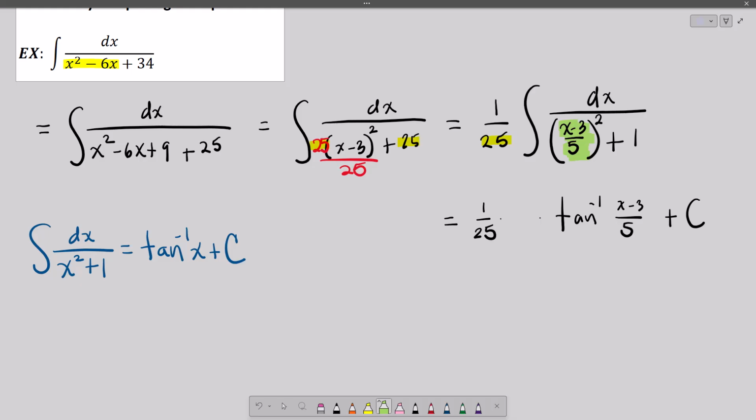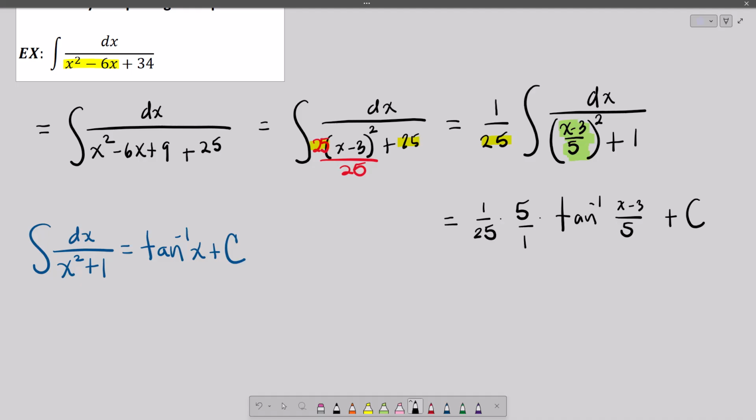And if you want, an easy way to think about why that is, you have x divided by 3 over 5. If you split the fraction, you get that. So the derivative is the coefficient of x, 1/5. So we're going to divide this by 1/5, which means multiply by 5 over 1.